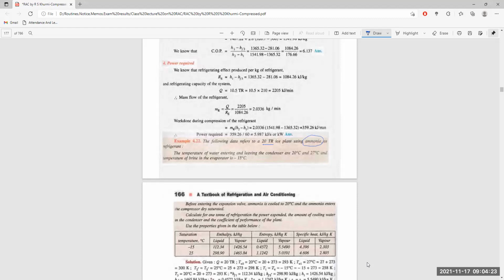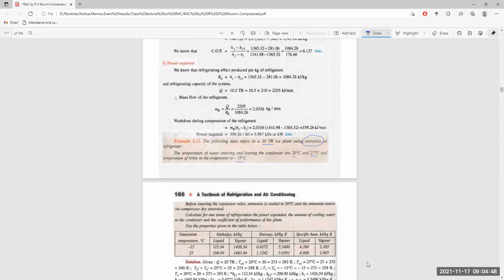The temperature of the water entering and leaving the condenser are 30 degrees centigrade and 27 degrees centigrade, and temperature of brine in the evaporator is around minus 15 degrees centigrade.